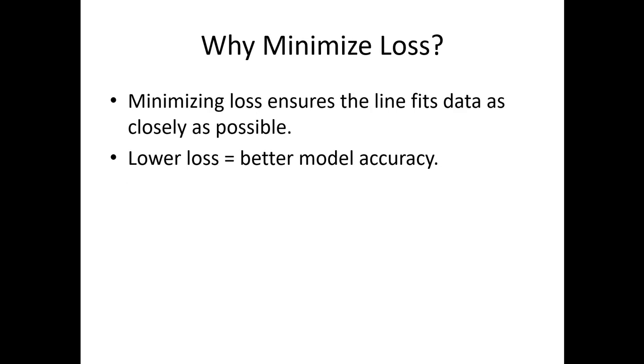Why minimize loss? Now, why do we need to minimize the loss? Because minimizing the loss means making our predictions as accurate as possible. A smaller loss indicates that our predicted values are very close to the actual values. Think of it like target shooting.